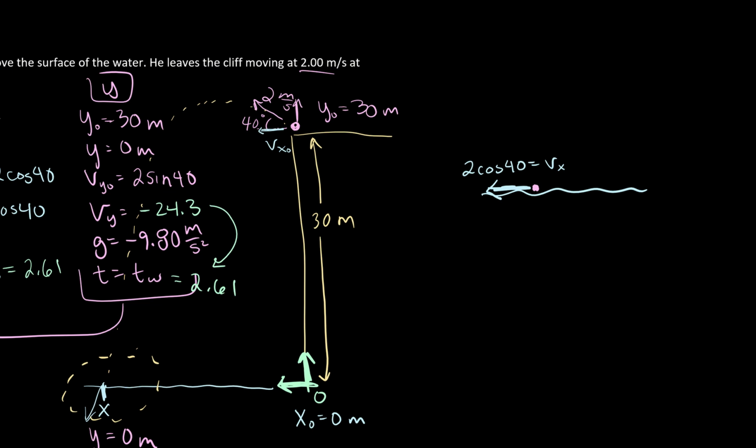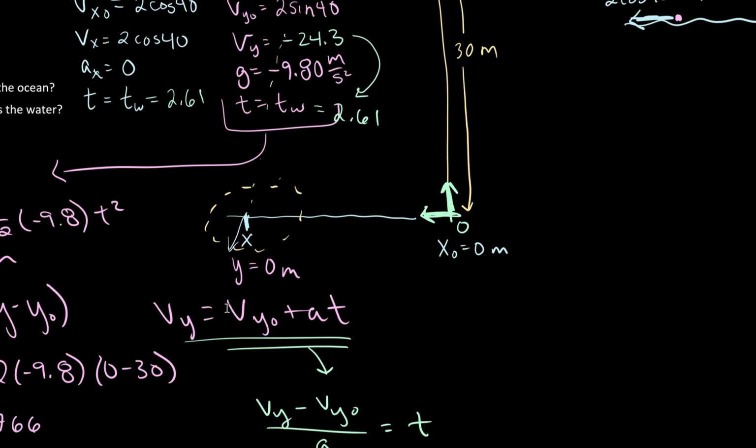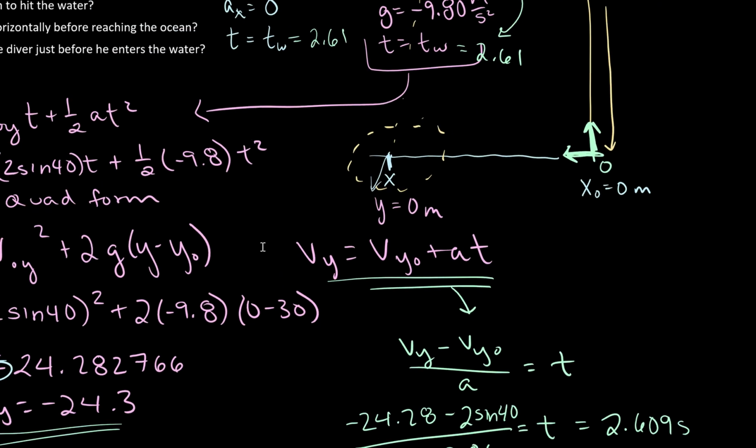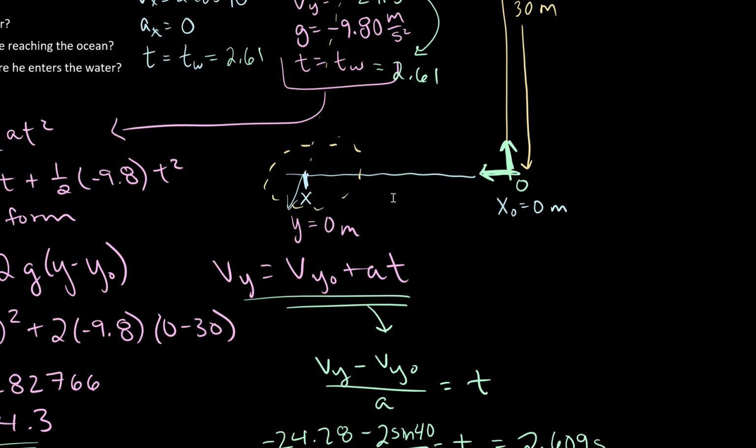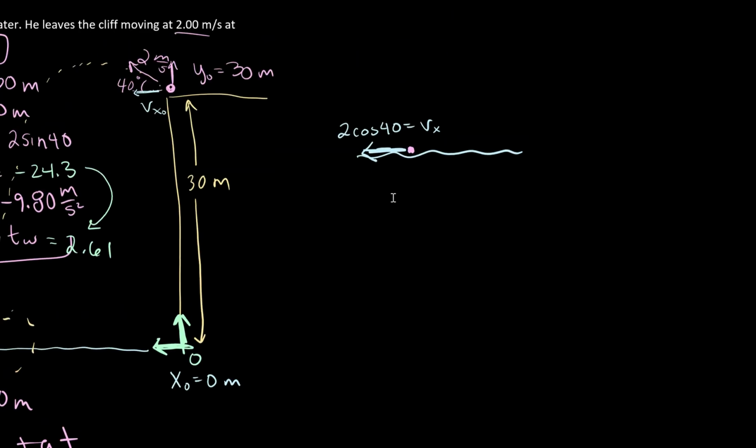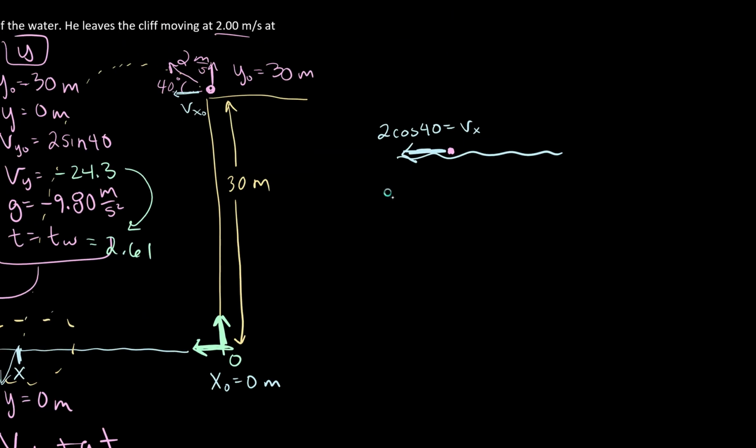Our Vy, we solved for, and that was the 24.3. And remember, I probably want to keep this 24.282766 when I plug it into my calculator.